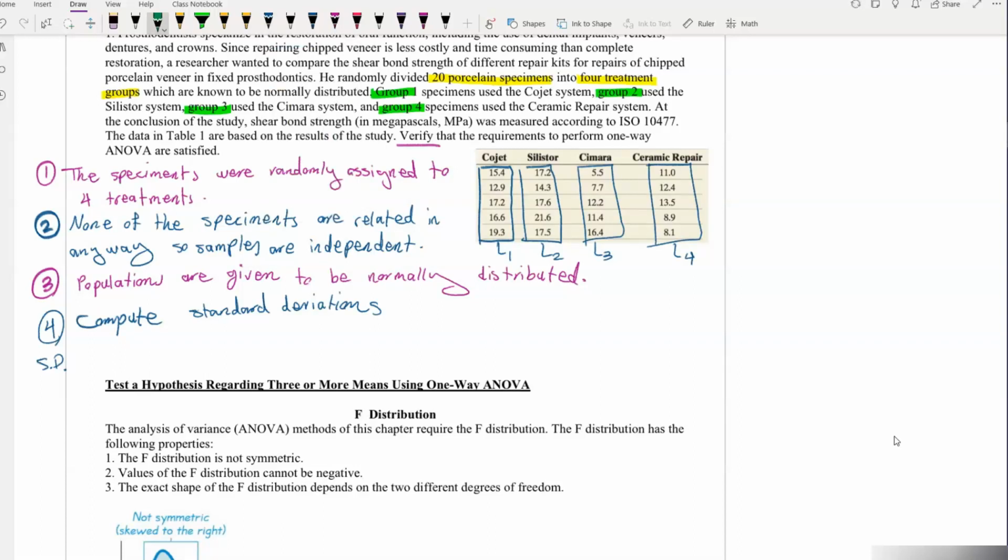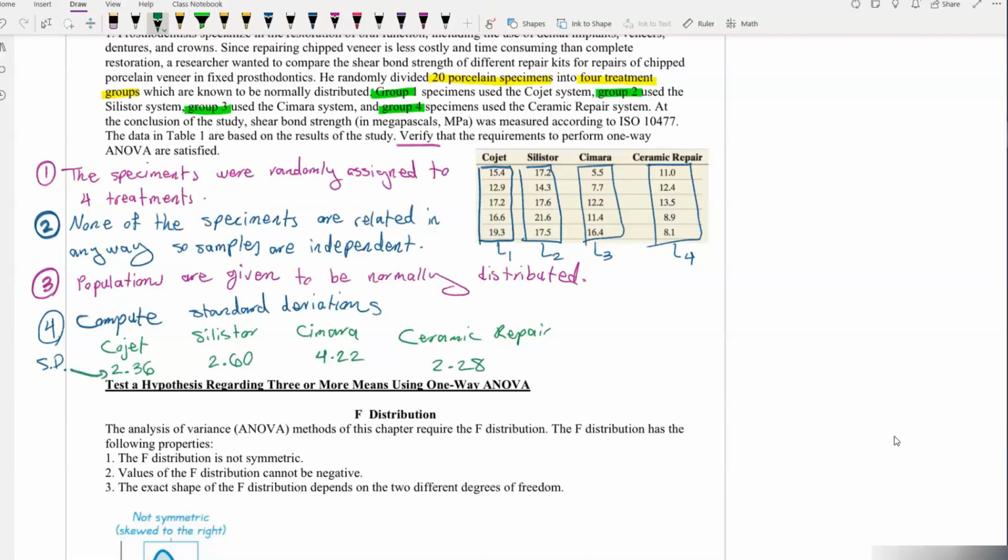For the first one, the standard deviation is 2.36. For the second column, 2.60. For the third one, and finally for this one, ceramic repair, we have 2.28.